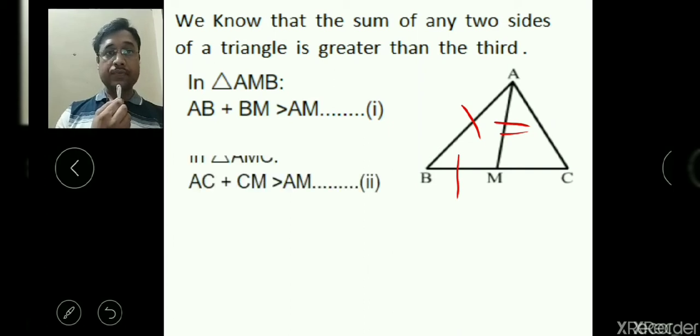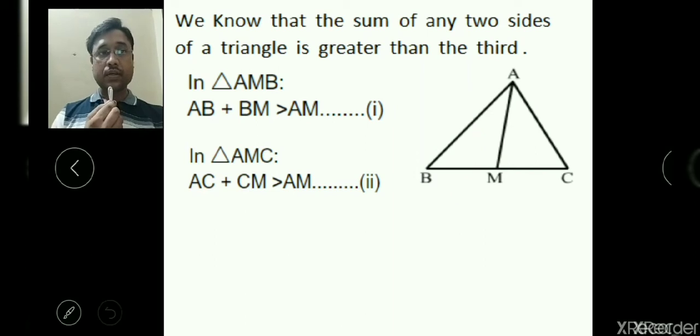Then now in triangle AMC, see the diagram, that will be clear. So in triangle AMC, AC plus CM is greater than the third side AM as the property tells us.